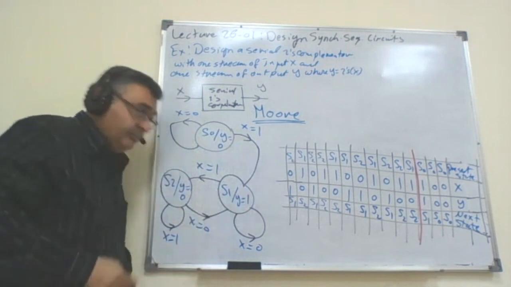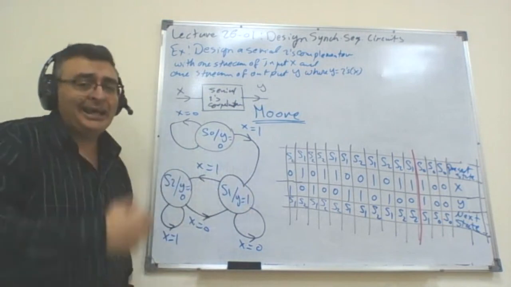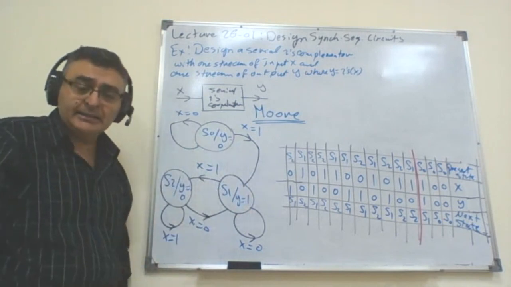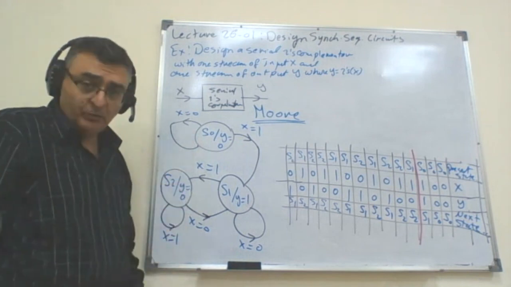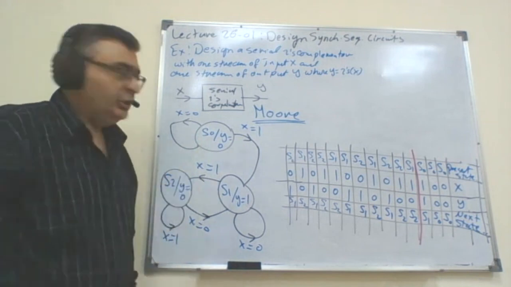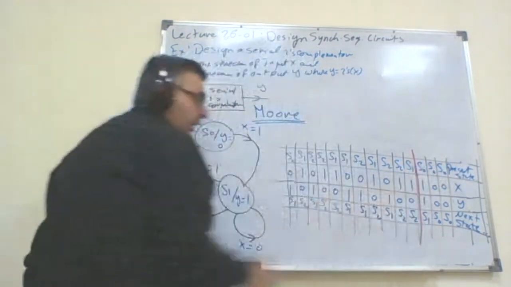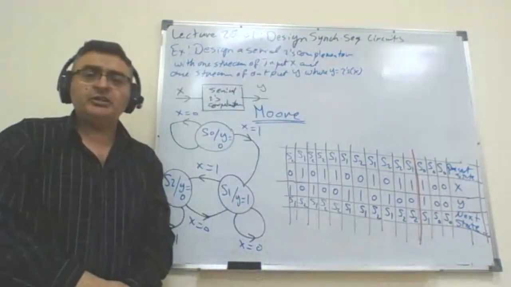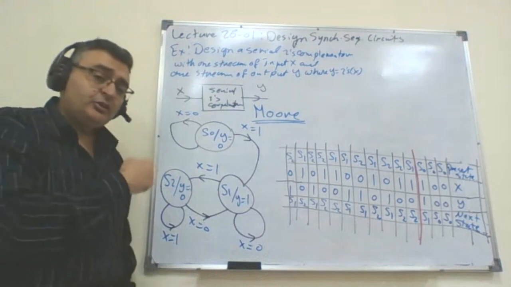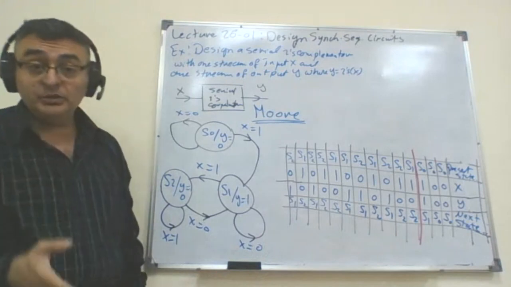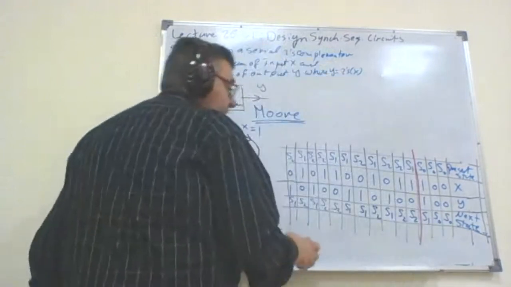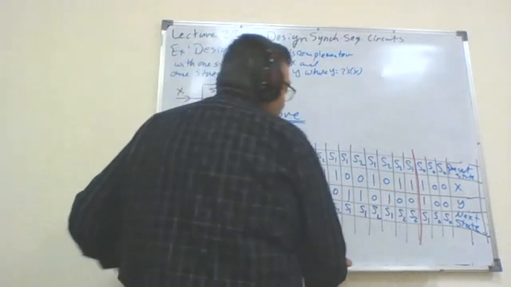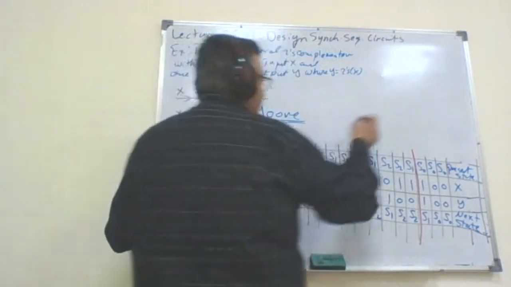This state diagram will work for any sequence of x to generate the correct y. If you don't believe me, go and try. Remove this sequence and try any other sequence for x and y. Will this work or not? Let me show you. Let us assume a new sequence, a short one.